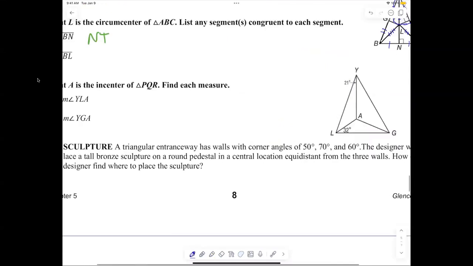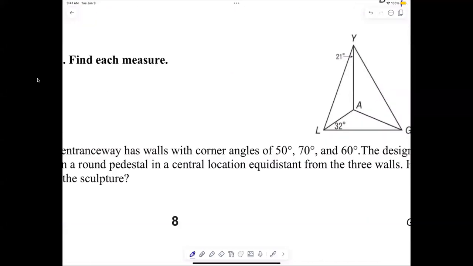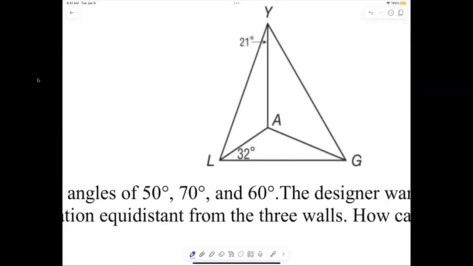Down here, now we already reviewed the incenter. The incenter is the three angle bisectors. And if you are on the angle bisector, that means you are equidistant from the sides. Notice this figure right here, and this has been on the test and people make mistakes. This right here is the incenter.